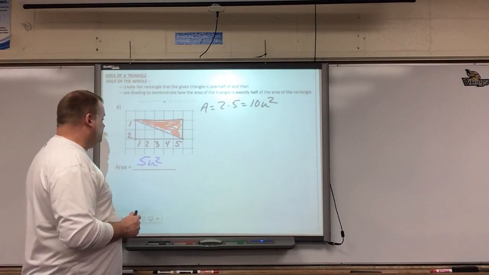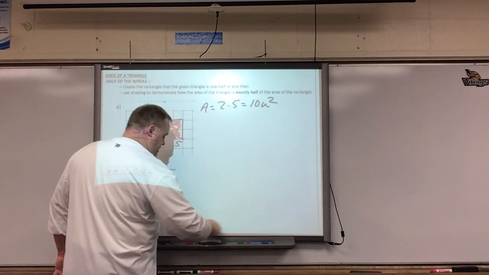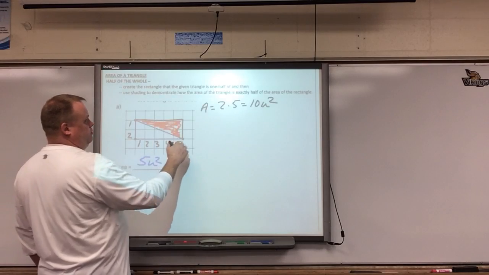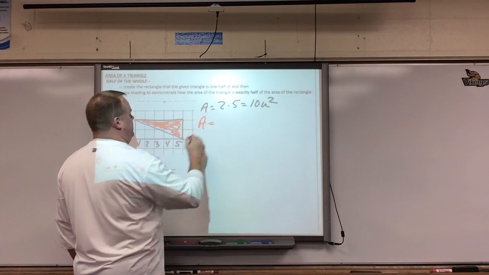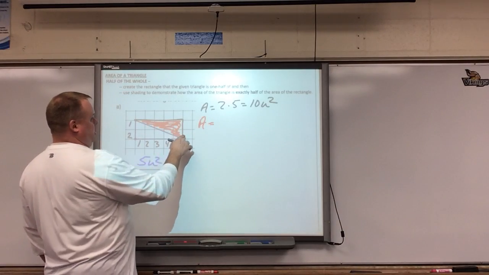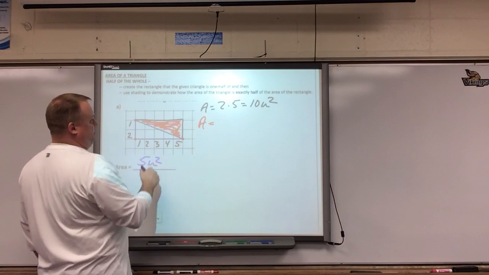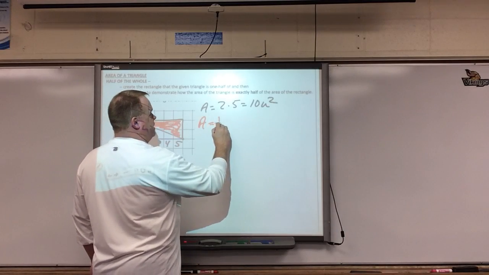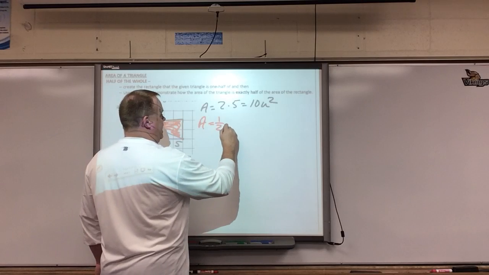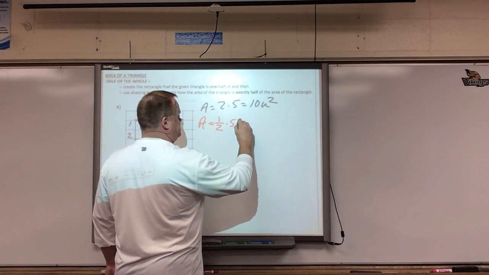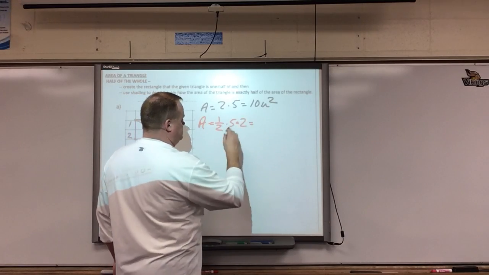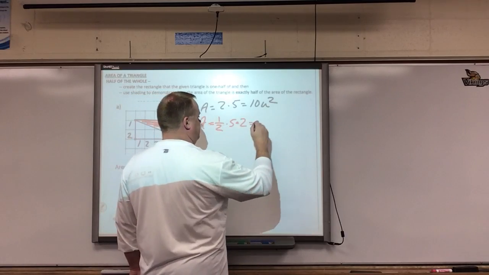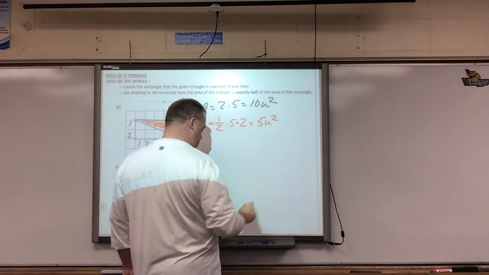Okay? Now, I need to find the area of the red area where I just shaded. So area of the red triangle, well, it's still up 1, 2, and it's still over 5, right? But the area of a triangle is 1/2 times 5 times 2, right? So 10 times 1/2 is 5 units squared.